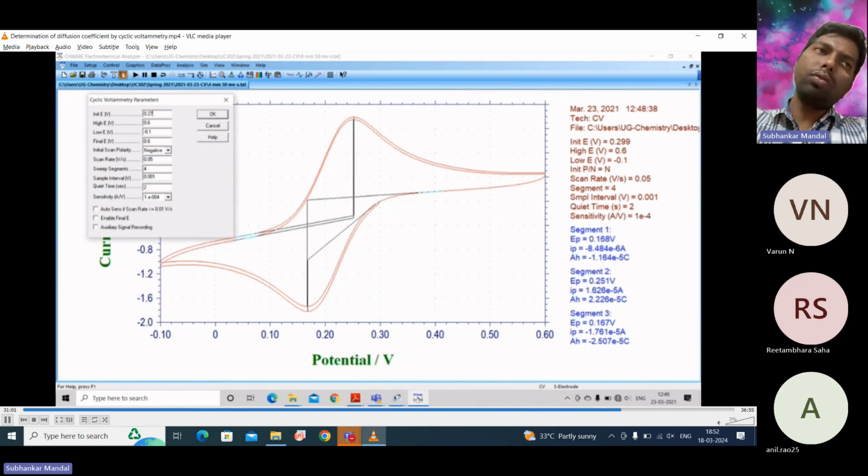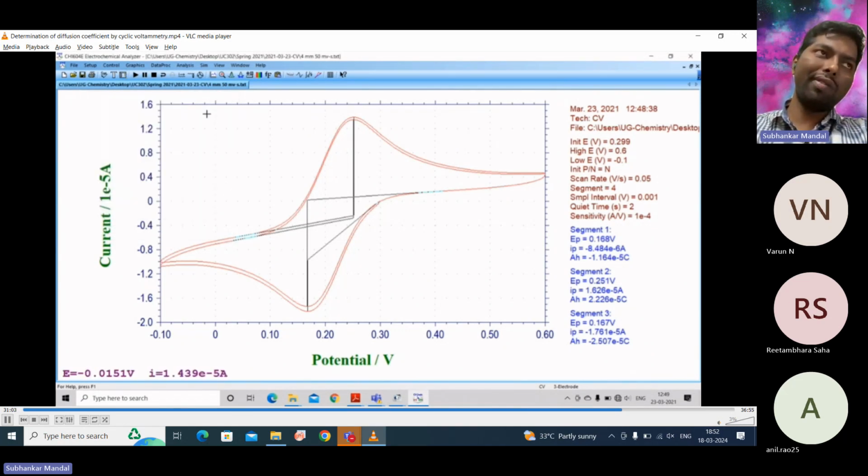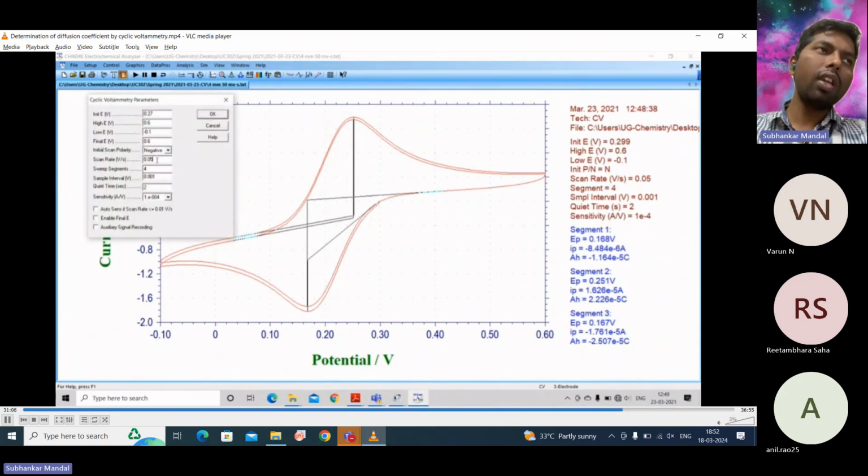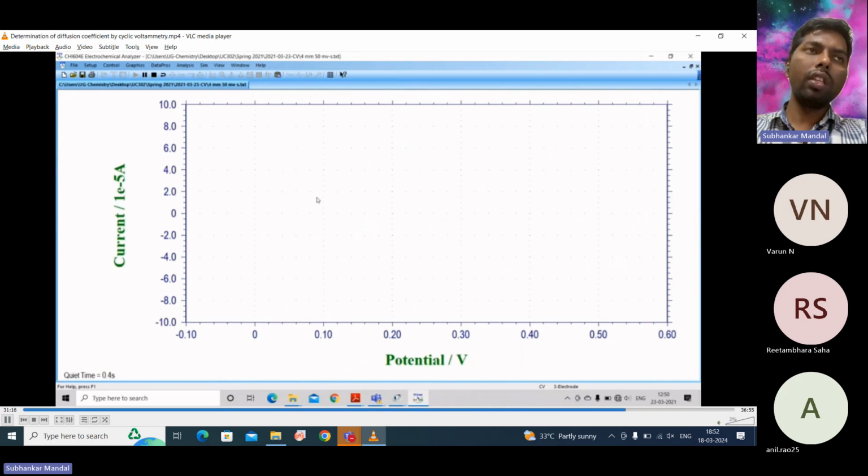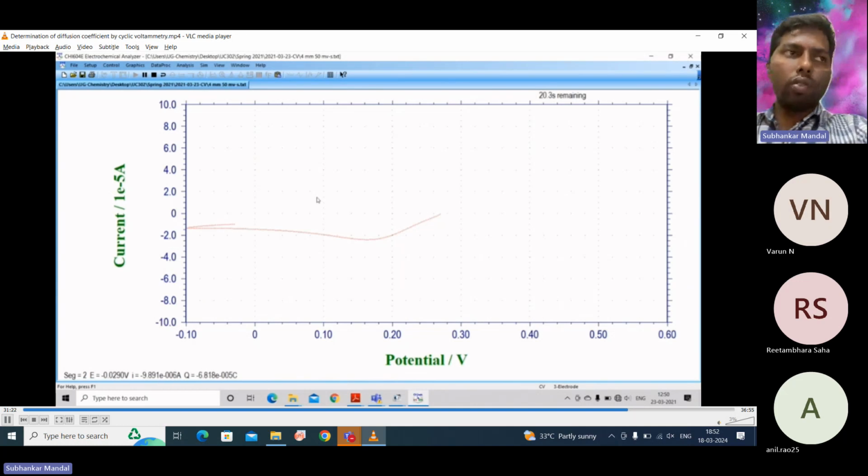To calculate the diffusion coefficient, you have to run the experiment at different scan rates, because we have seen the Randles-Sevcik equation, where the peak current IP is proportional to the square root of the scan rate.